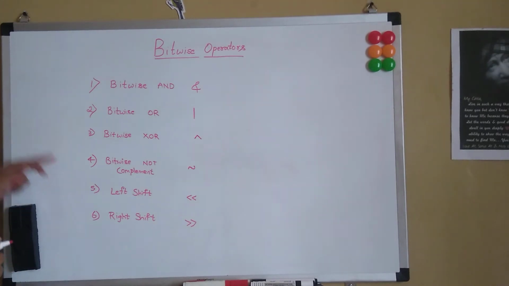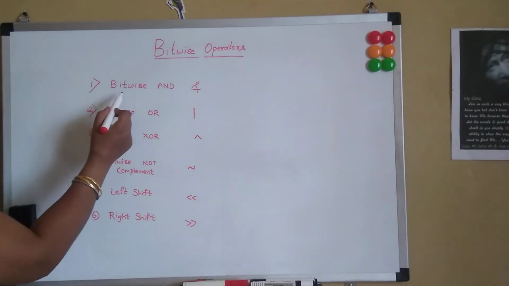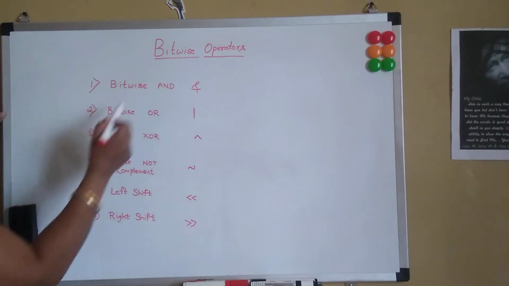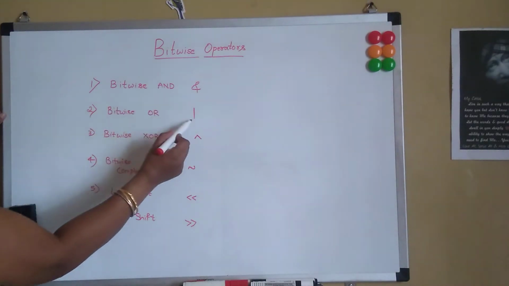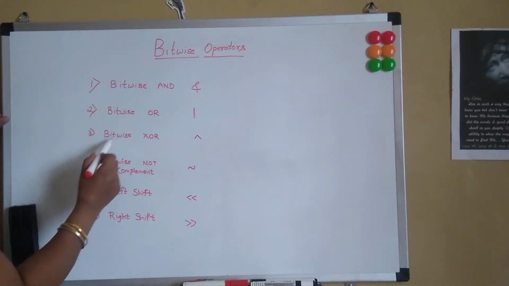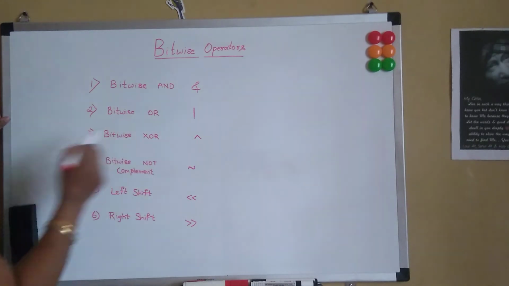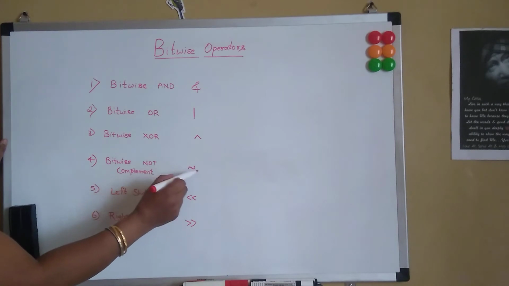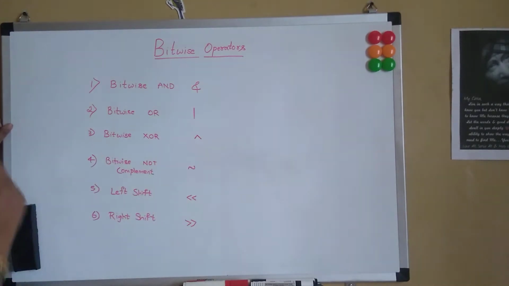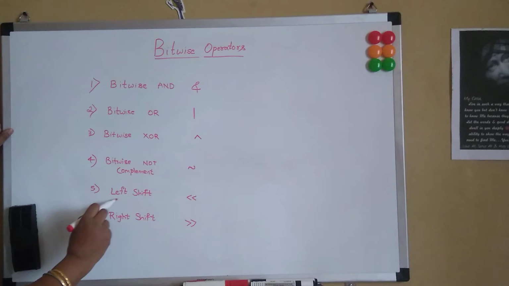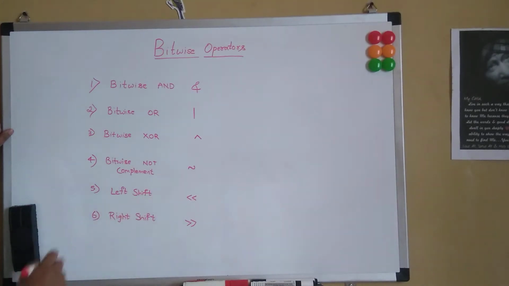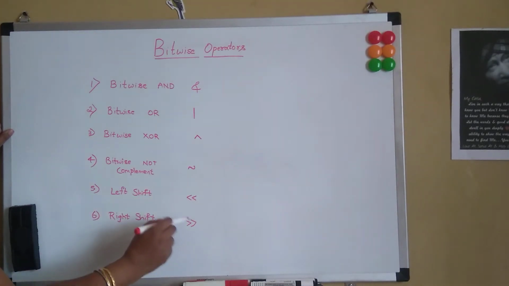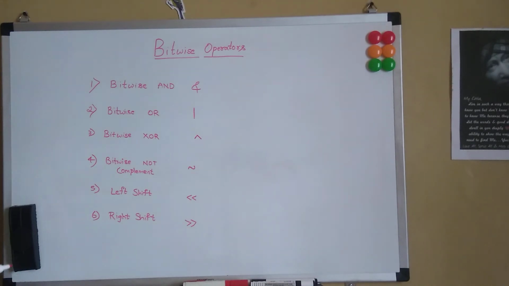So we have 6 bitwise operators. First one is bitwise AND, which is an ampersand, bitwise OR, which is just a line, bitwise XOR, which is an exponential symbol, bitwise NOT or complement, which is the symbol just below the escape button, left shift and right shift, each having its own symbol.